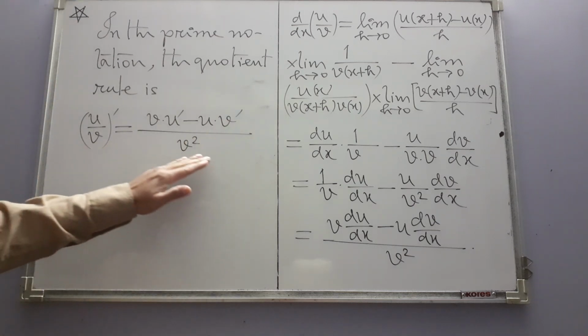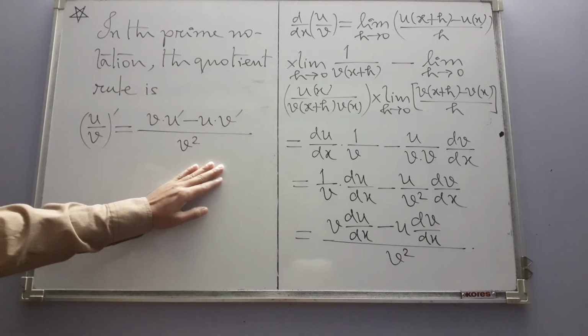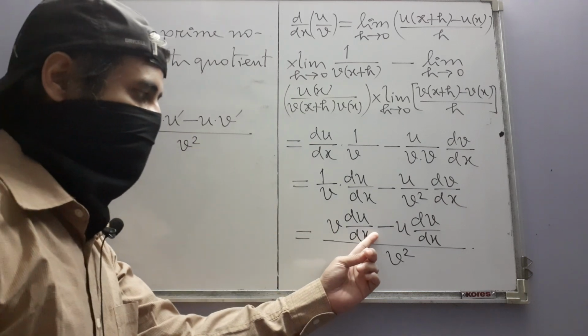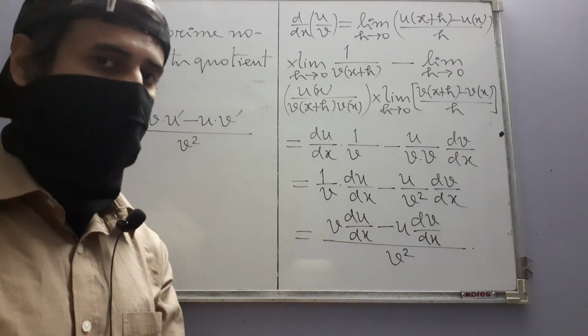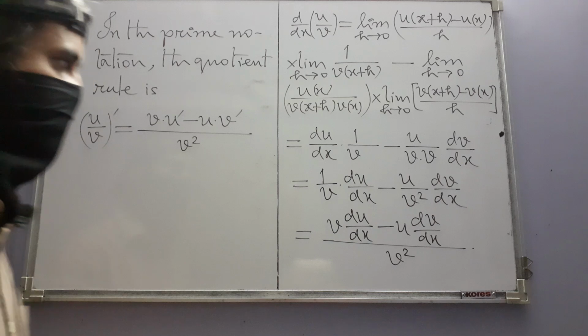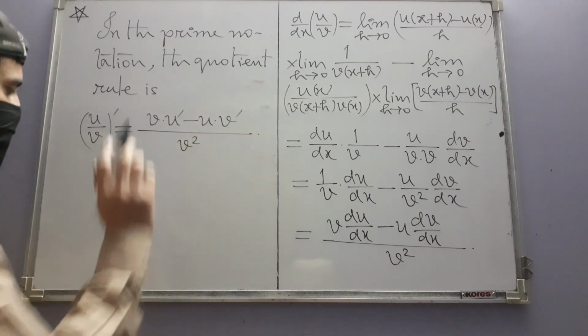The prime notation looks nice, but it doesn't show the independent variable, and sometimes it can be confusing.